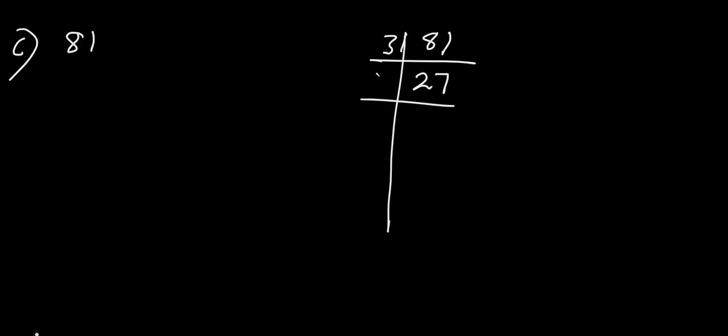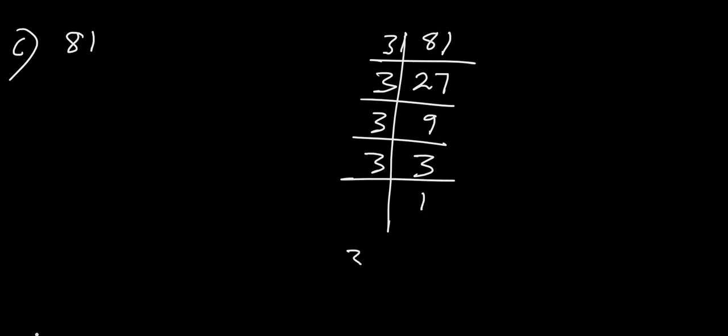All right, for 81, you can also use the same method. Break it down. The smallest prime number that can go into 81 is 3. So 81 divided by 3 is 27. 27 divided by 3 is 9. 9 divided by 3 is 3. 3 divided by 3 is 1.